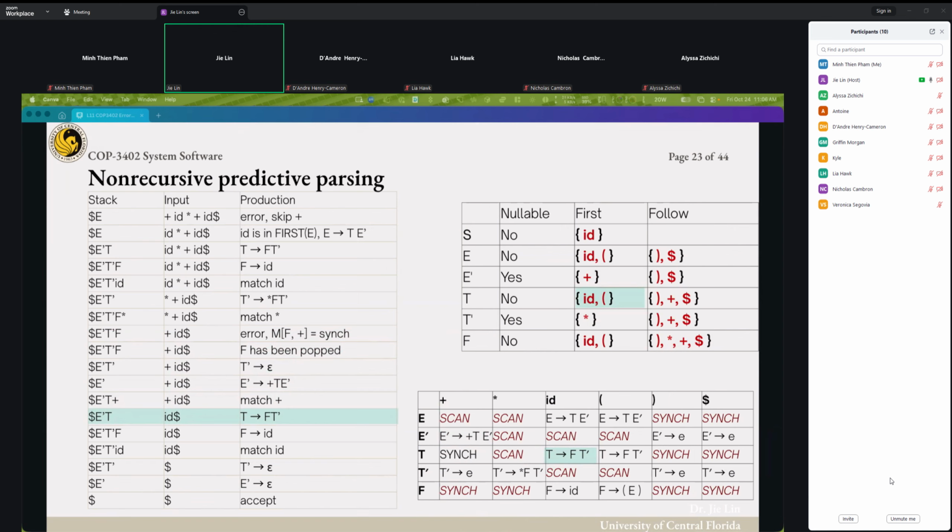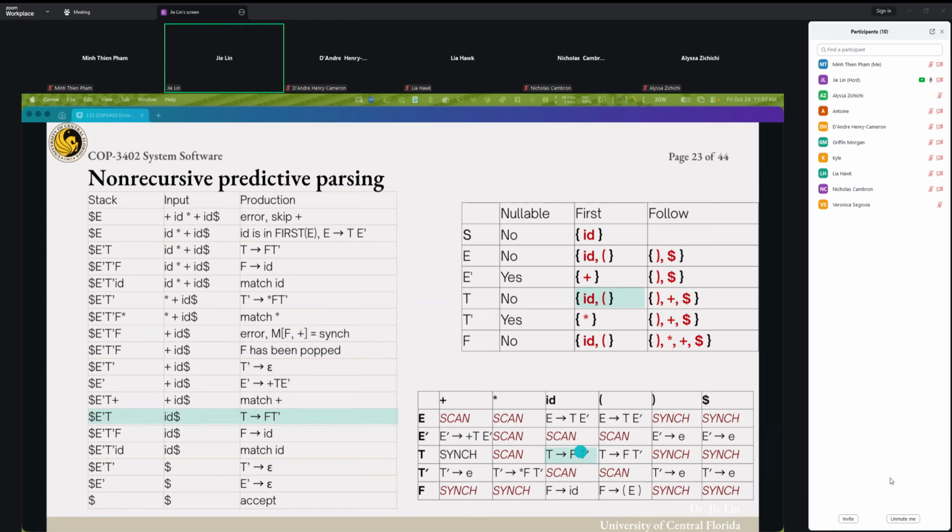Now the current top of the stack is T, and the lookahead is ID right now. Is ID in the first of T? Yes. And then we know we have some production rule to apply. What is the production rule? T and ID.